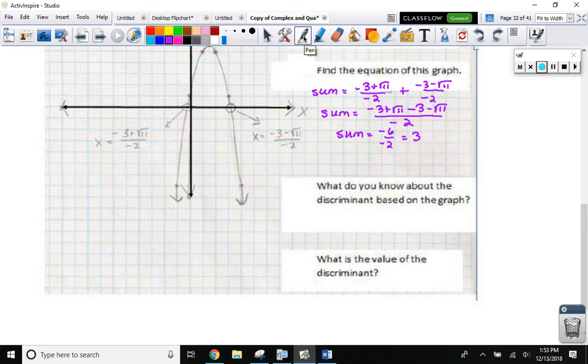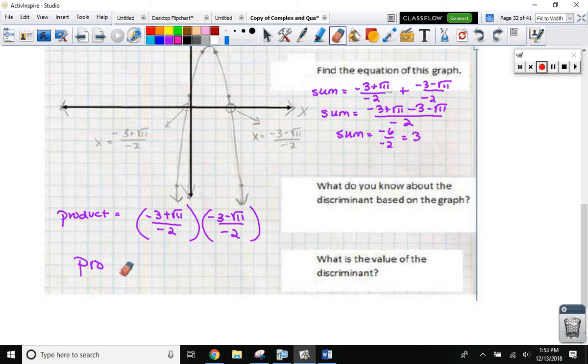So if we go product, then is equal to -3 plus radical 11 over -2 times -3 minus radical 11 over -2. So if I multiply the bottom, that's easy. What do I get on the bottom? +4. So I got +4 on the bottom.